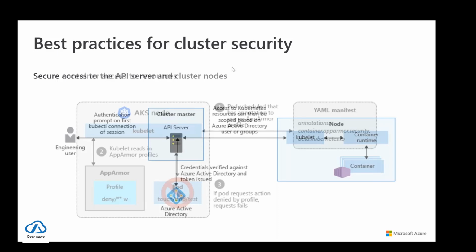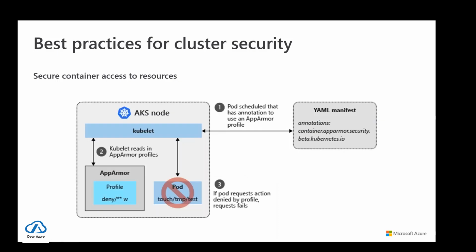Here we go. What else to say now to secure container access to specific resources? You want to limit access to actions that containers can perform. Provide the least number of permissions we already mentioned, and avoid the use of root or privileged users.